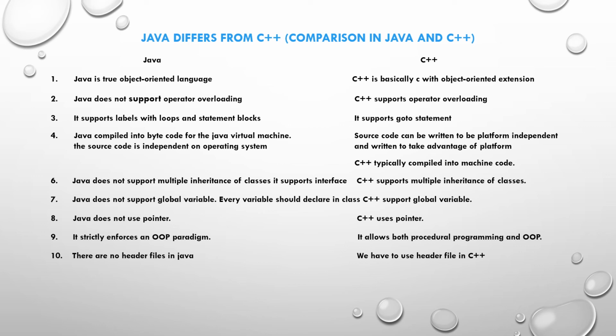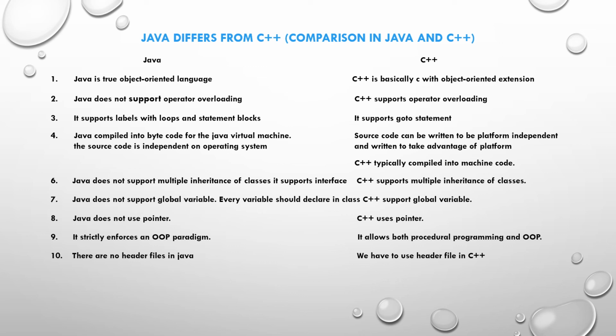Then the fourth point, Java is compiled into bytecode for the Java virtual machine, and the source code is independent of the operating system. In the case of C++, the source code can be written to be platform independent, but it is written to take advantage of a platform.